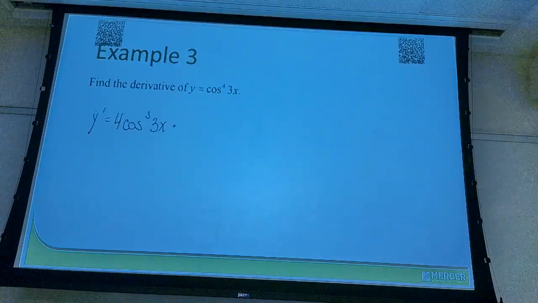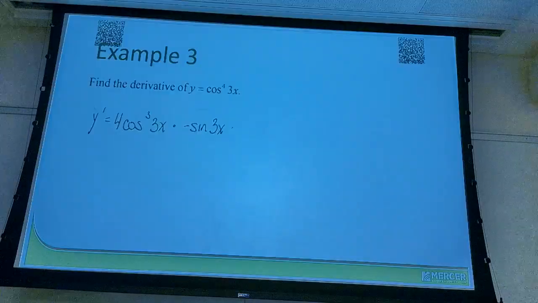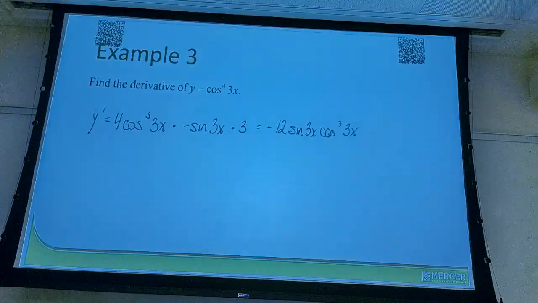What's the derivative of cosine? Work your way in. What's the derivative of 3x? There's your derivative.